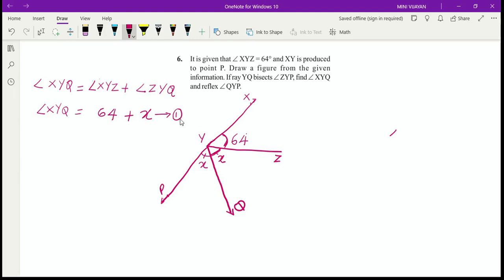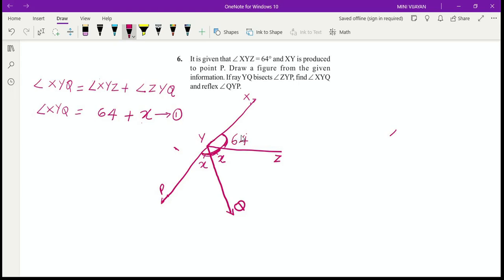So our next aim is to find the measure of the angle x. Which property will you apply there in order to find the angle x? We have seen that XYP is a straight line, and three angles are marked on that straight line, which are 64, x, and one more x.